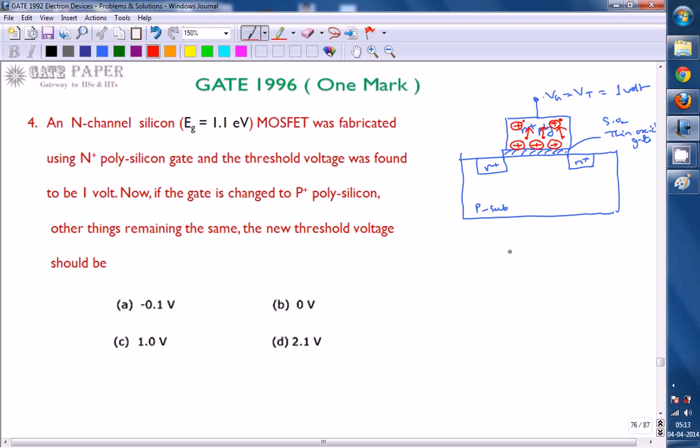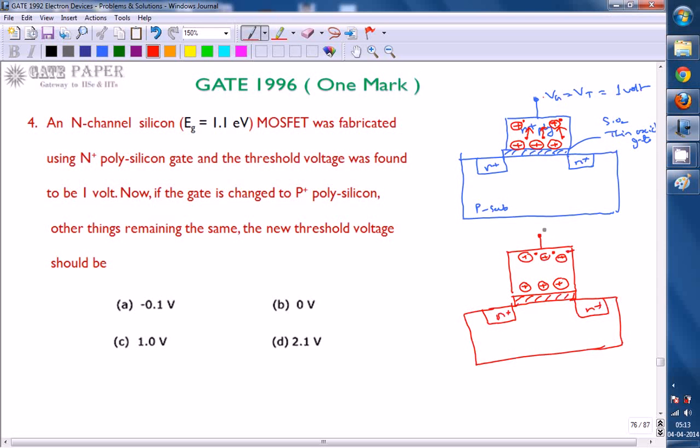So the diagram now looks like this: the N plus poly, with positive ions placed near the silicon dioxide, and after that the P-type substrate, with N plus and N plus regions.